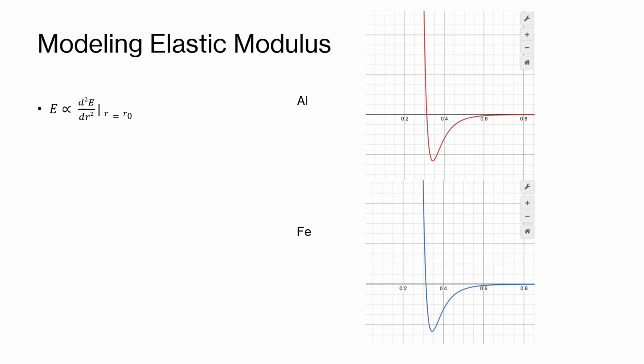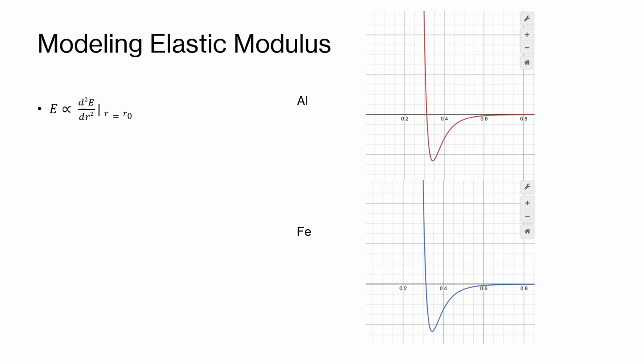Alright, now let's look at modeling and finding the elastic modulus. The elastic modulus of aluminum and iron requires the double derivative of the Lennard-Jones potential. This leaves us with the function above.